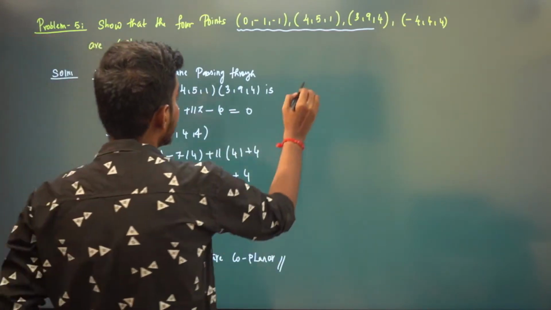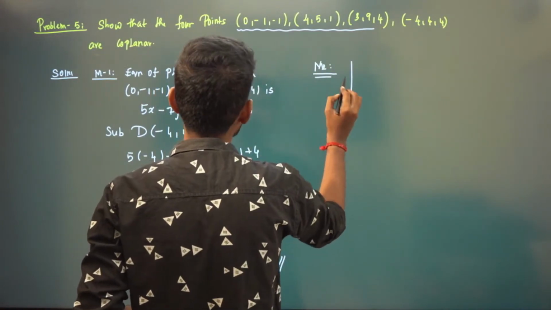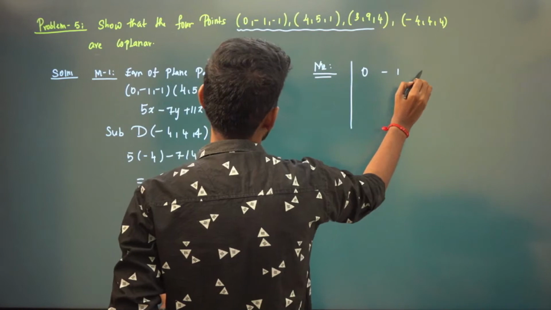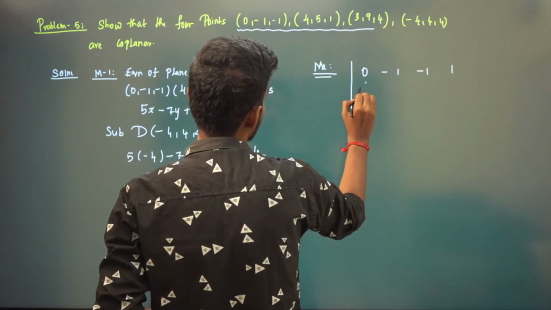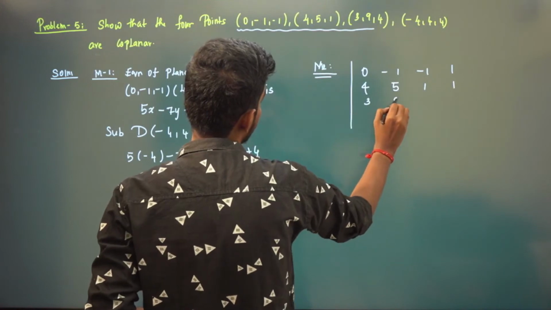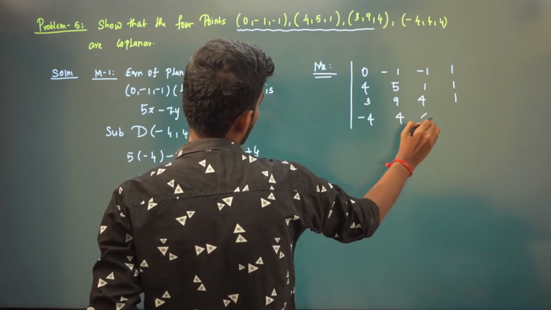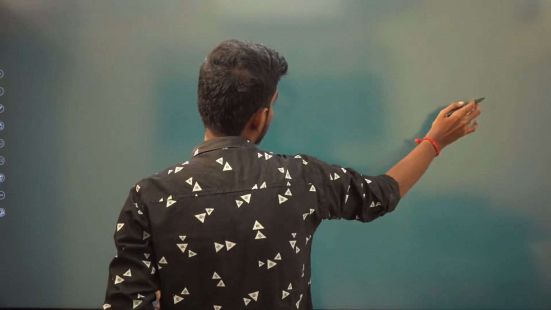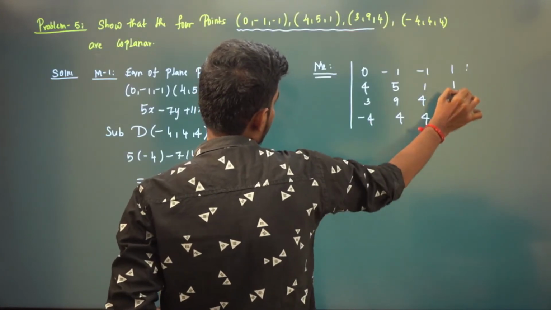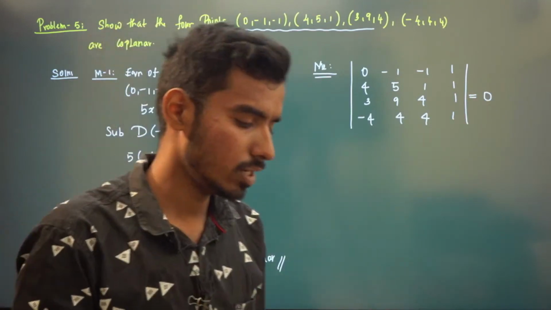Or you can expand. Method 2 is the determinant of x1, y1, z1, 1; x2, y2, z2, 1; x3, y3, z3, 1; x4, y4, z4, 1. You expand this and show it is equal to 0. Right? Both are the same only.